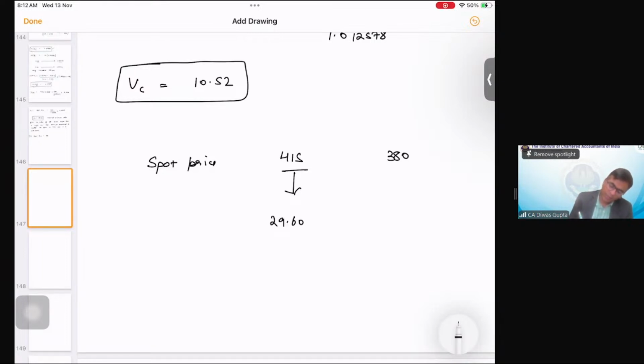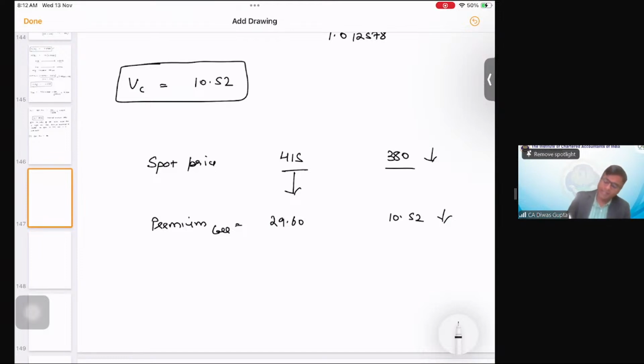I am talking about the premium here of call option. And at 380, it comes down to 10.52. So a reduction in the spot price is leading to the reduction in the premium because it's a call option.